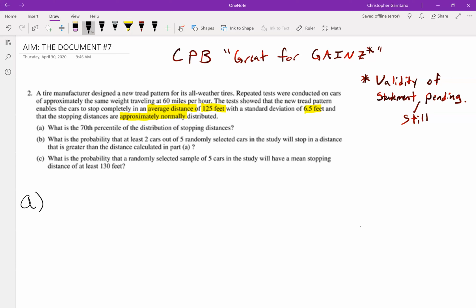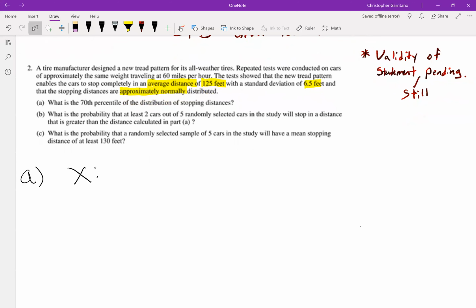So for starters, I'm going to go ahead and define a random variable. I'm going to say let X represent stopping distance. This is the variable being measured, stopping distance in feet, and this is for just any random car.